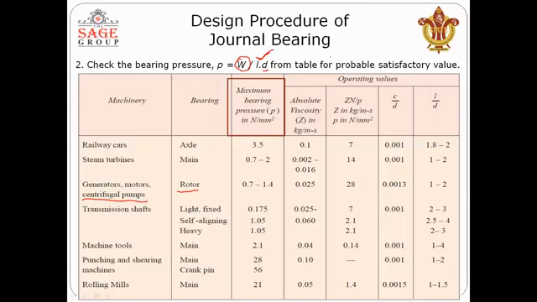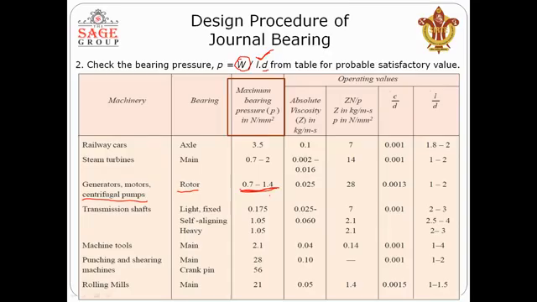Now this pressure is to be checked against the table. It should be compared with the particular pressure given there. If our pressure is within the maximum operating pressure range, fine, it is okay. In that case, the L upon D ratio we have selected is correct. Otherwise, we have to select another L upon D ratio and then again identify the pressure.